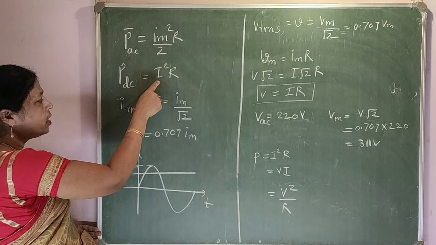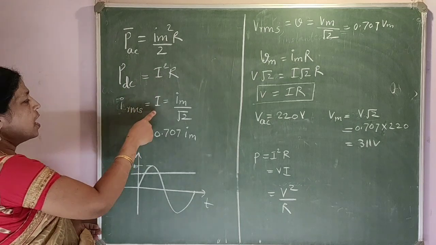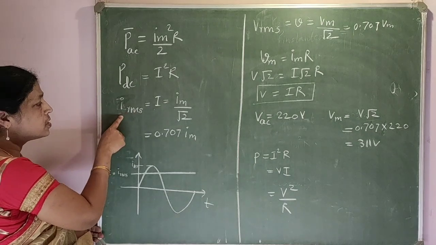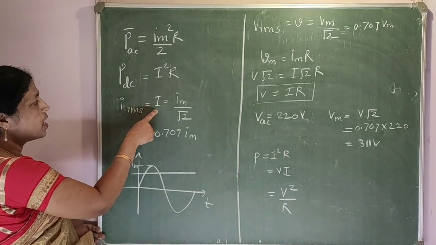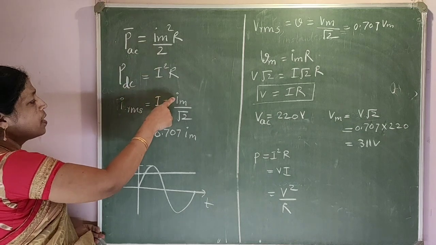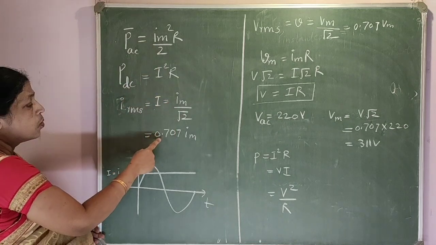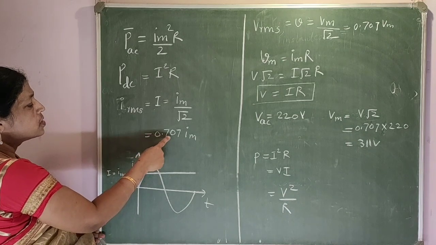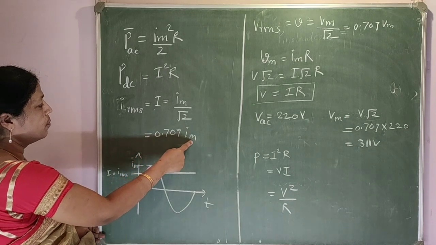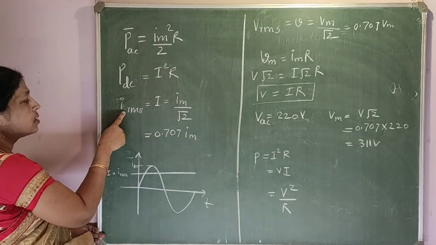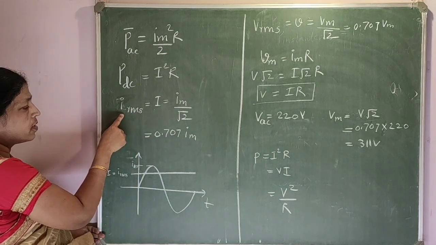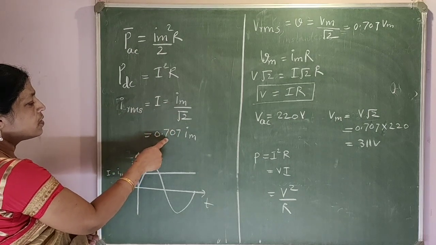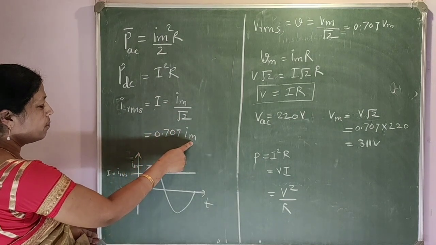By looking at both the equations, you can see that IRMS, the root mean square current used in AC, is also written as I, and it is nothing but I maximum upon root 2. One upon root 2, its value is 0.707. So IRMS is I maximum upon root 2, that is 0.707 I maximum.